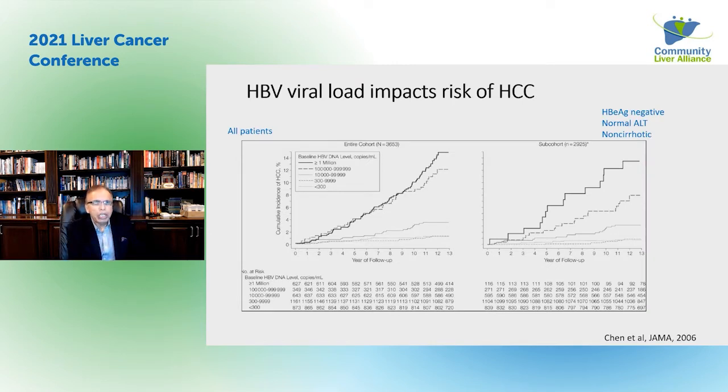Now, how about viral load? This was particularly demonstrated in chronic hepatitis B. On the left are all patients. The lines show you different groups of patients with different levels of viral load, and with time, it shows you the cumulative incidence of HCC.